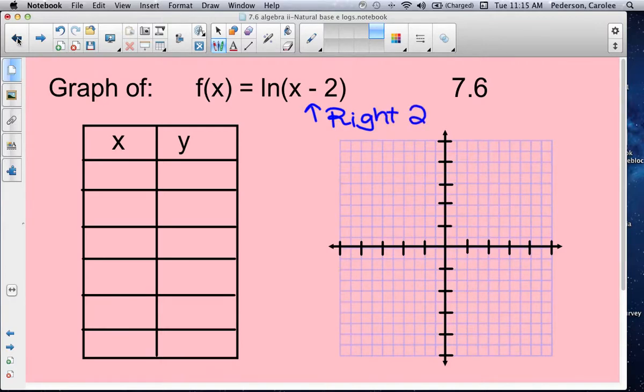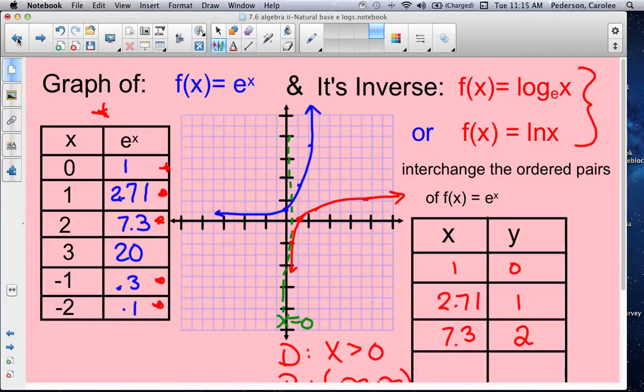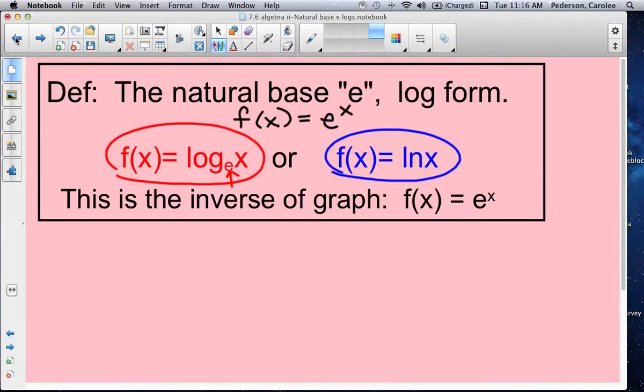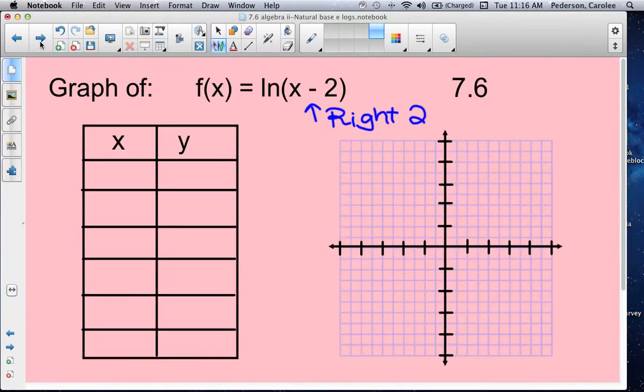So if we look at these ordered pairs in the red, 1, 0, 2.71, 1, 7.32.